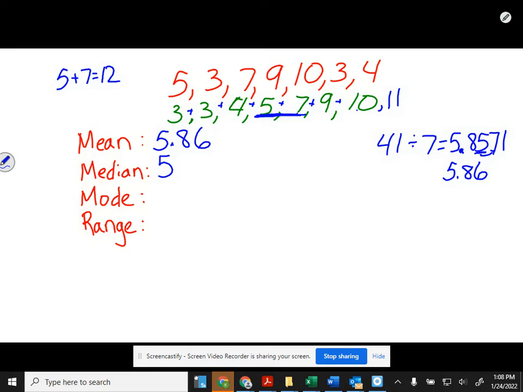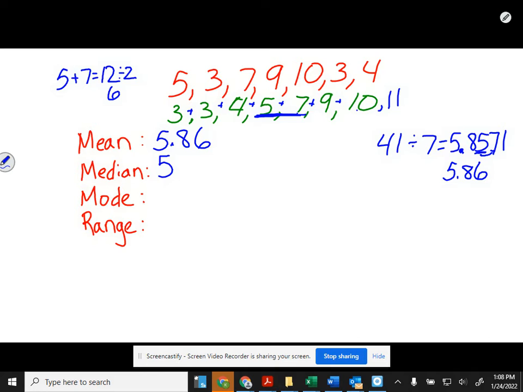And since I'm finding the mean of 2 numbers, I divide it by 2. 12 divided by 2 is 6. So when you have an even number, you find the mean of the 2 middle numbers. Sometimes it's easy like 5 and 7, and we just look at it and know that 6 is right in the middle of 5 and 7. It's not always that easy.